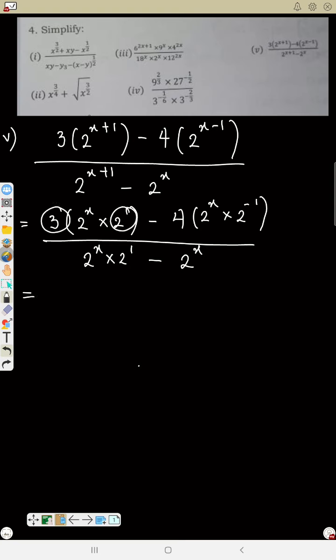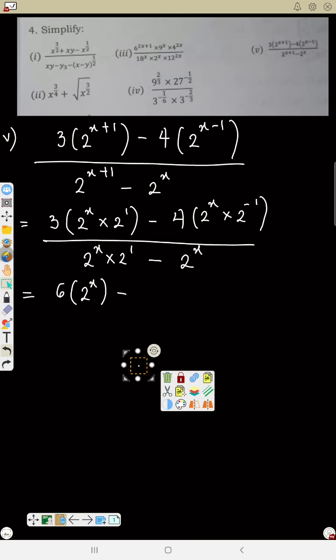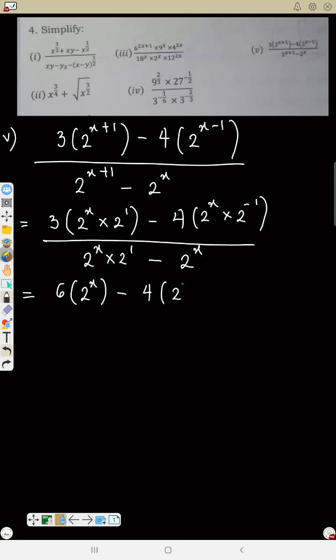But before that, I can change everything to 1. 3 times 2 will give me 6. So this will be 6 brackets 2 raised to the power x minus 4 brackets 2 raised to the power x times 1 over 2. Why?